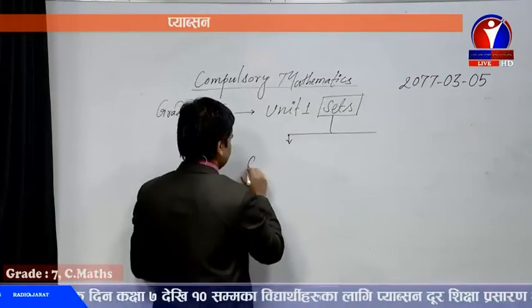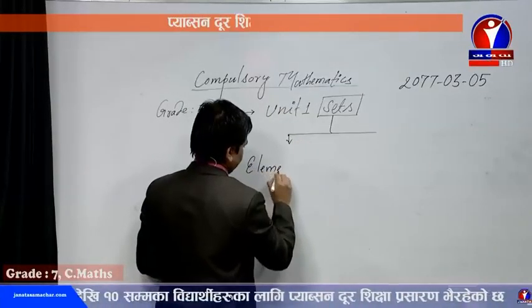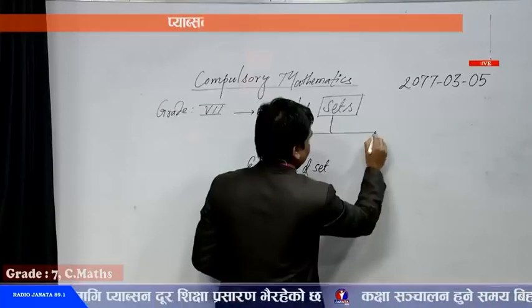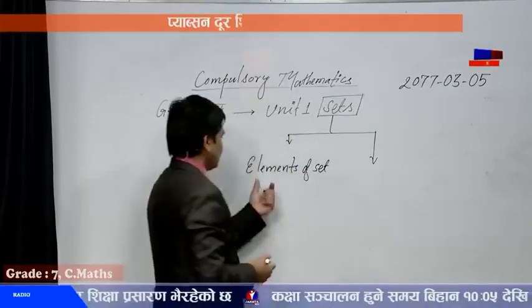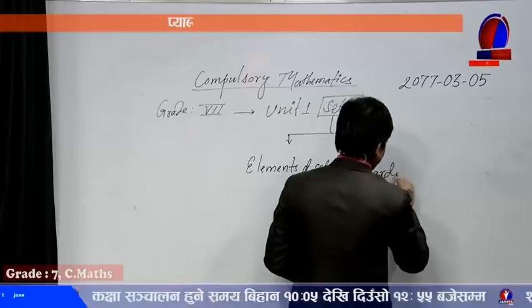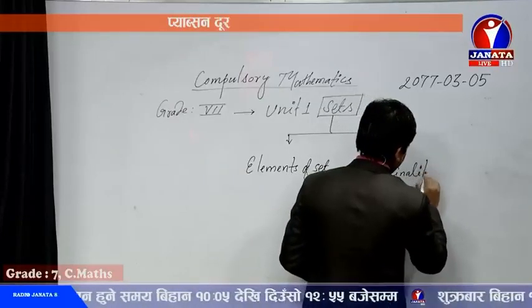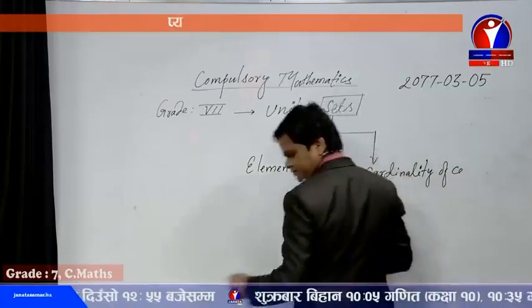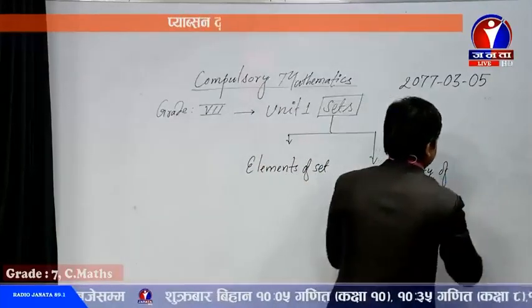One is elements of set, another one is cardinality of set.